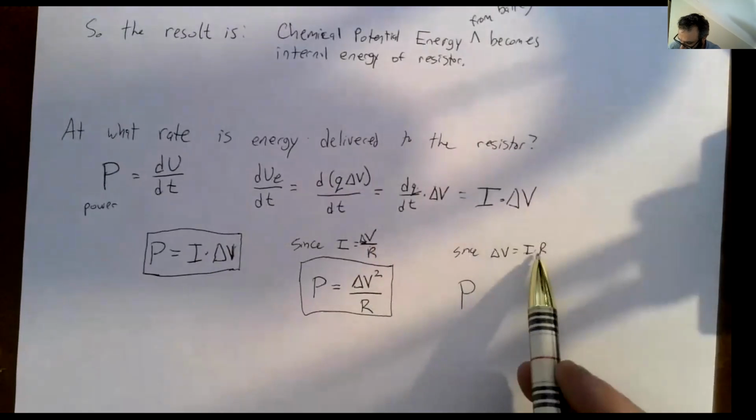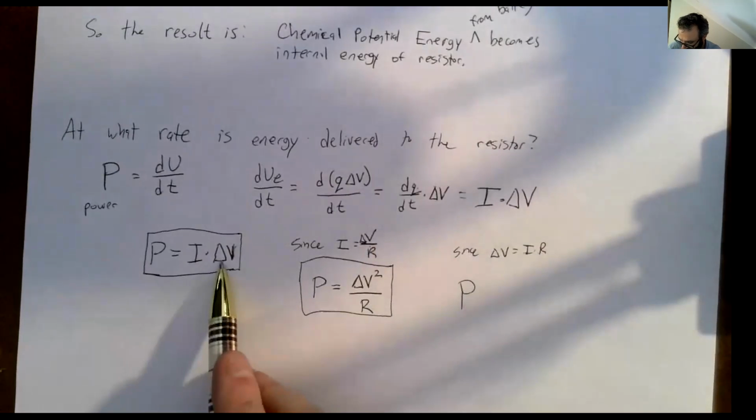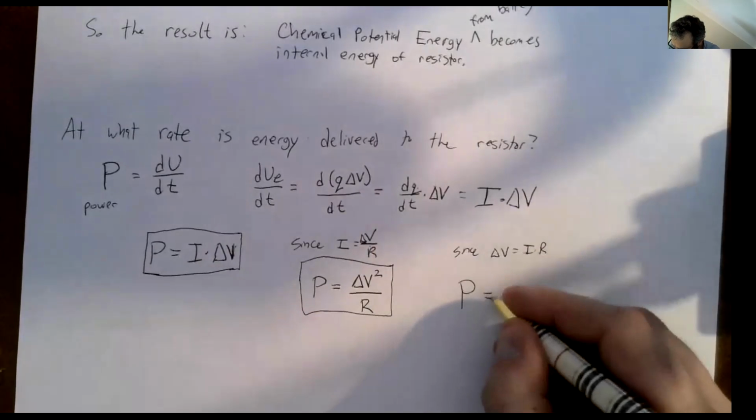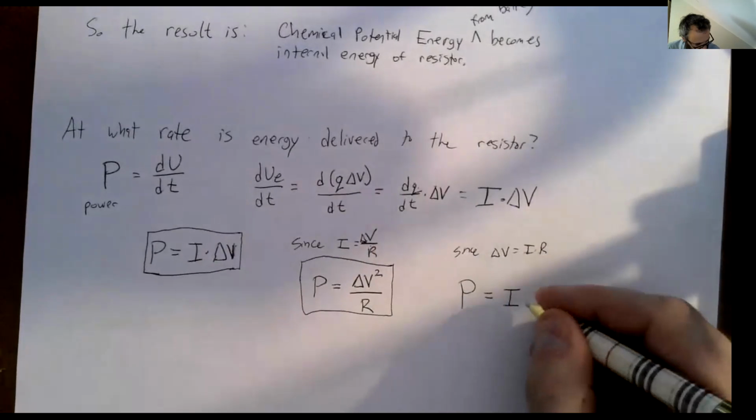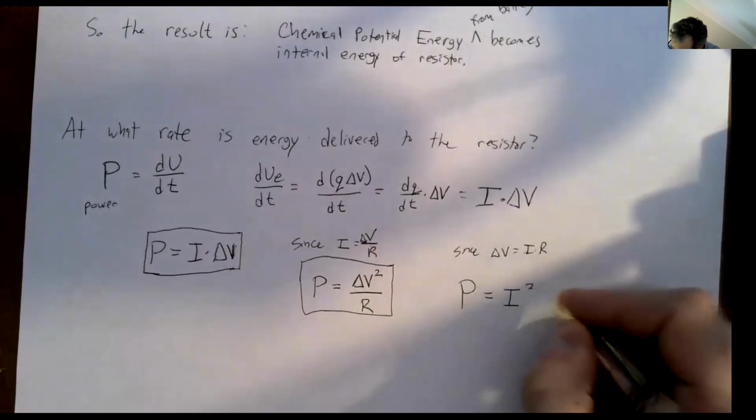So if we say IR is delta V, then we have I times IR, and power is also going to be equal to I squared times the resistance.